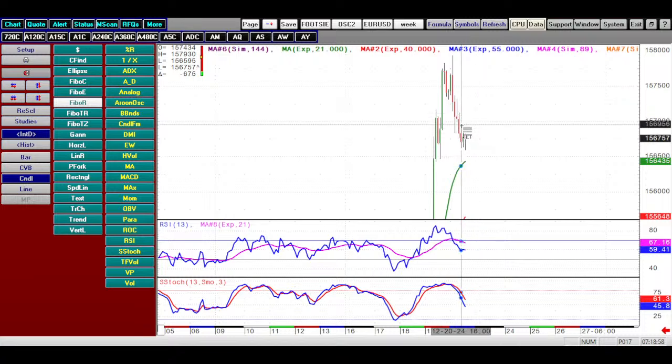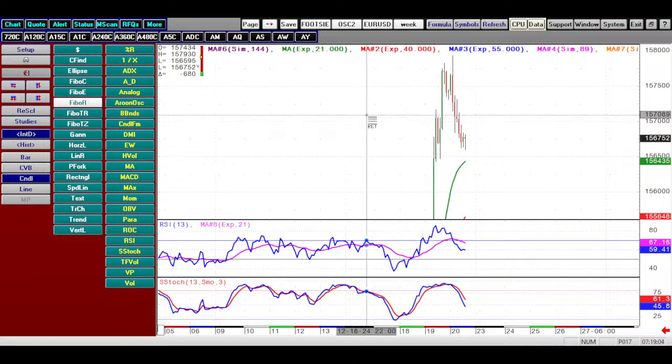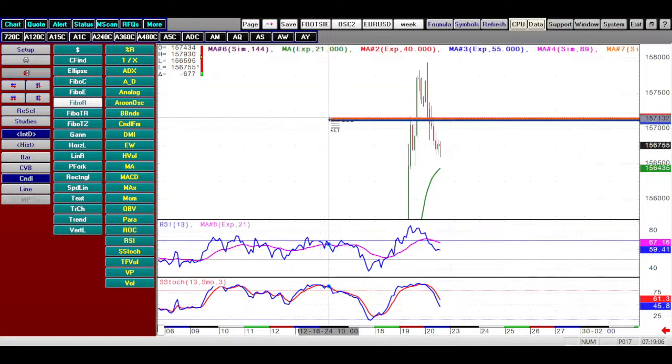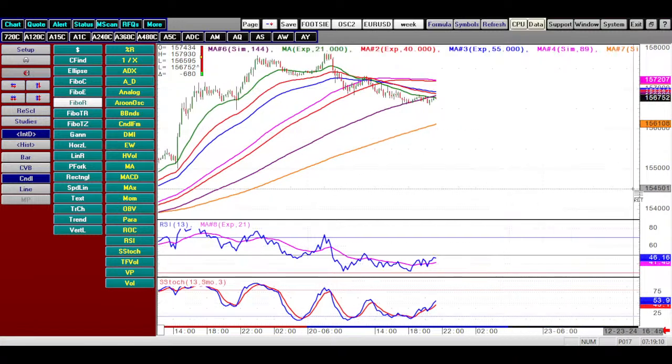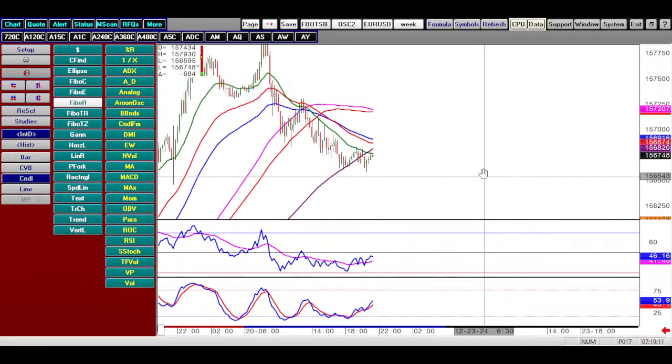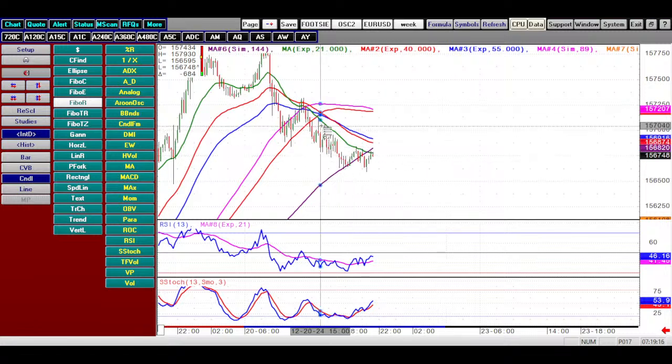Okay, 156.95 and 157.15 are the selling levels. Since dollar yen is quite sensitive to data, dollar yen and gold, we prefer to put it slightly higher, which is 157.15 or 20.